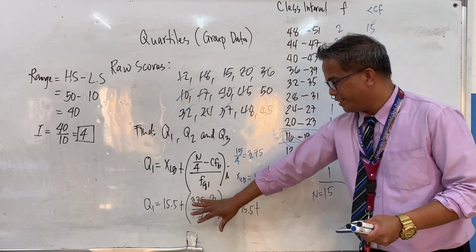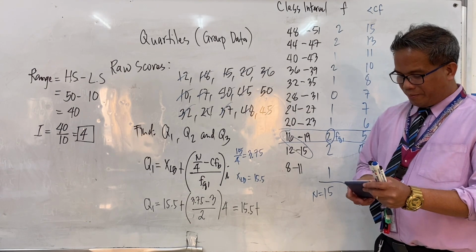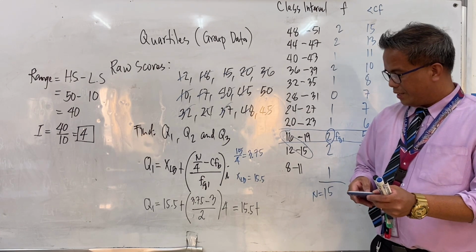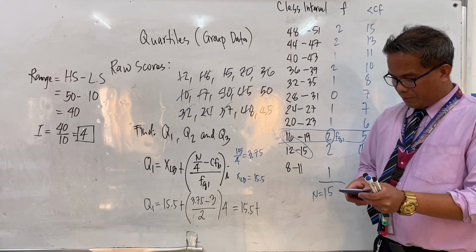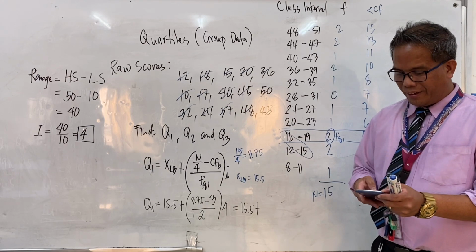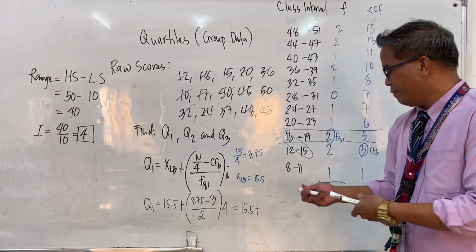we will simplify this. So 3.75 minus 3 equals, divided by 2 equals, times 4 equals 1.5. So plus 1.5.